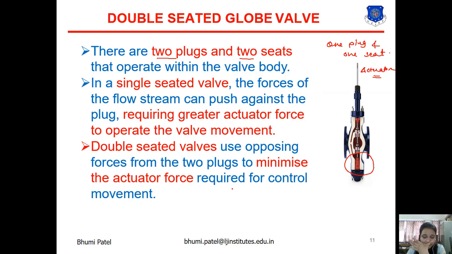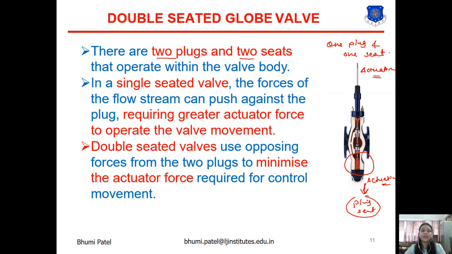In the single seated valve, we apply the force from the upper side, where the control valve actuator is connected, so greater force is required in the actuator for the plug and seat.